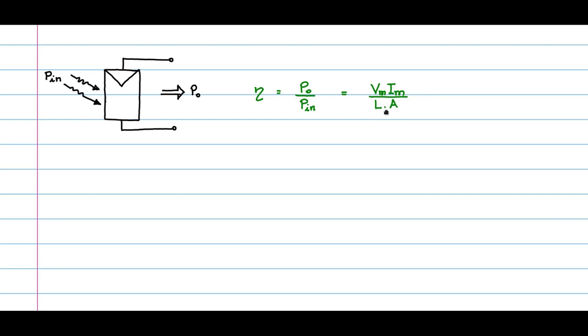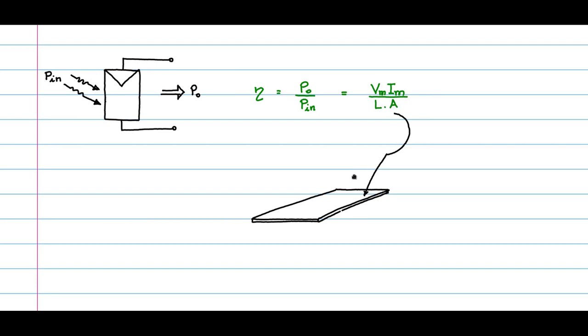Now what is this A and the insolation L? Now if you consider a panel drawn like this, then this area as seen here, on the flat plate solar PV panel, that is the area A in meter square.